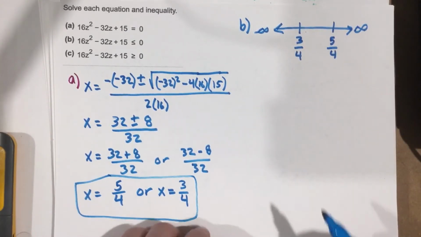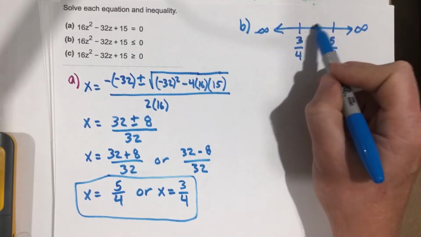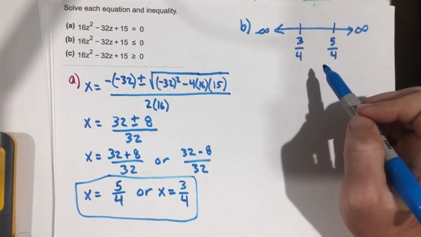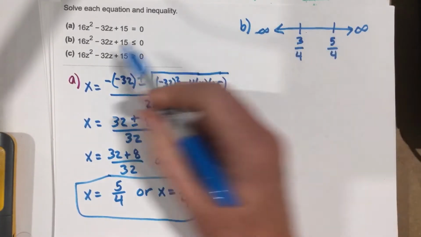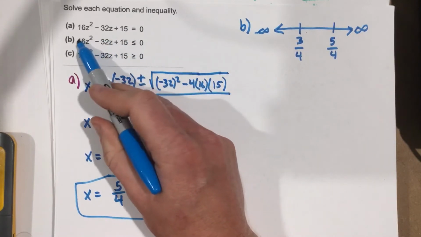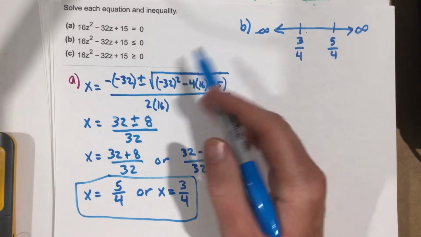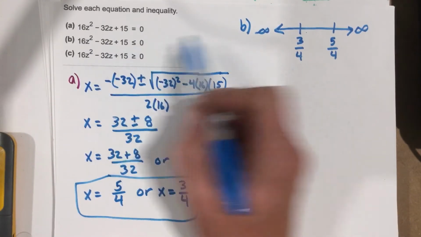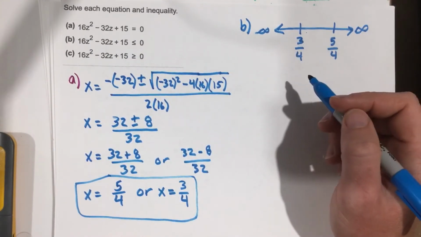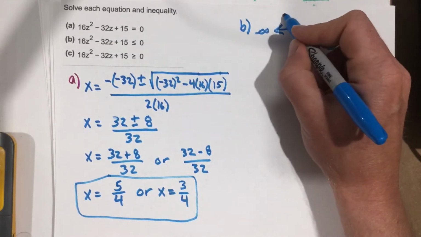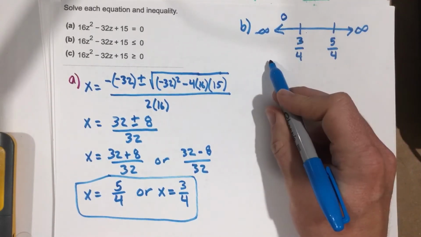And what we're going to do is we're going to pick numbers to the left, in the middle, and to the right of those numbers, and we're going to plug them into this inequality in part B to find out, do these solutions work? So I'm going to plug in 0, because that's left of 3/4.